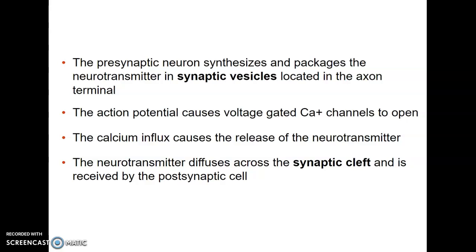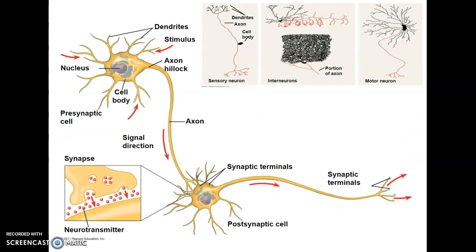And so the inside of the synaptic vesicle becomes the outside of the cell, and the neurotransmitters are released into the synapse by exocytosis. And so they travel into the synaptic cleft, they diffuse across by regular diffusion, and they are received on the postsynaptic cell by either ionotropic or metabotropic receptors.